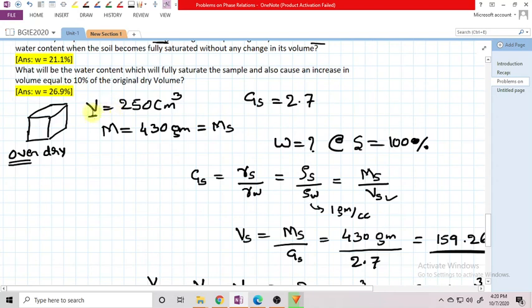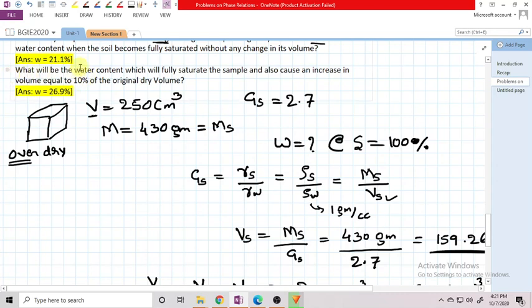So what will happen? The total volume is now increased by 10% due to excess amount of water. At 100% saturation, again we are adding some more water. So what is the water content which will increase your volume by 10%? That's what we want to find out.